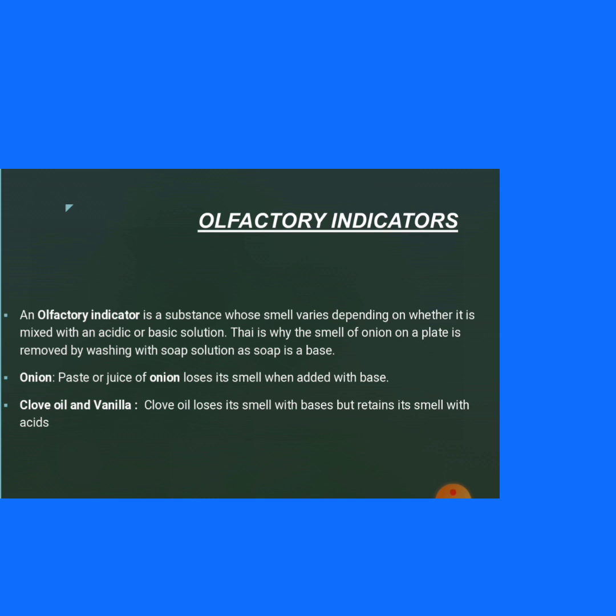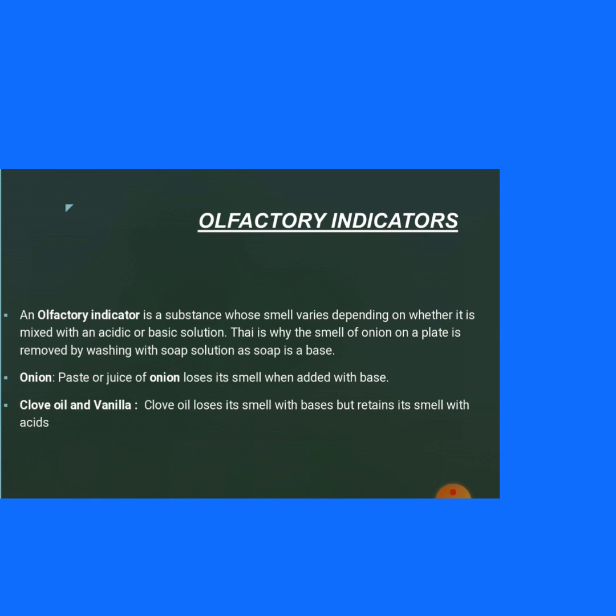Then you take the onion out of the plate, and the smell of the onion is still there on the plate. But when you wash it with a detergent or any kind of soap solution, the smell of the onion is not prevalent after the washing with the soap.